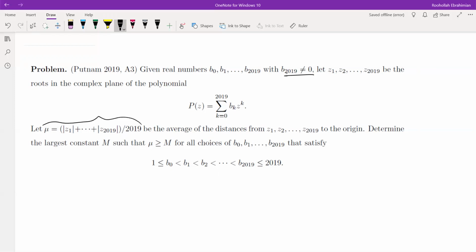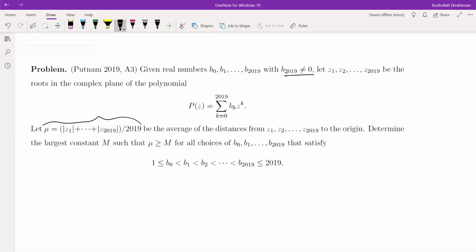with some given condition. So there, the order of the coefficients is given. So they are in increasing order. By the way, this m may not be a minimum, it could be an infimum of the average.